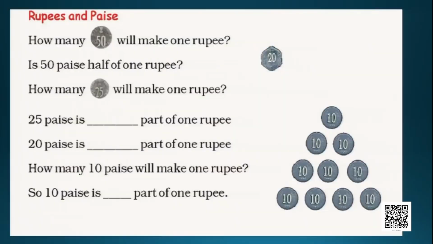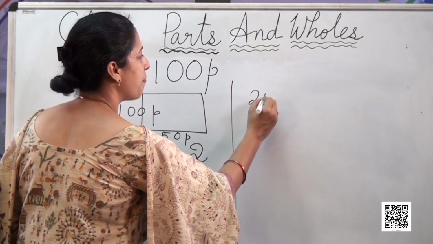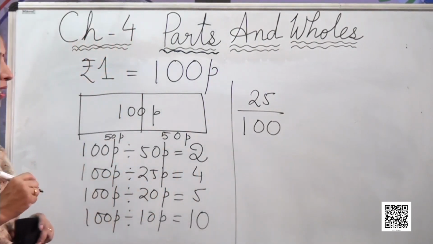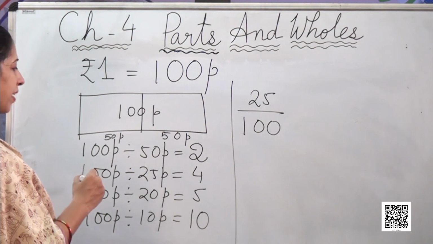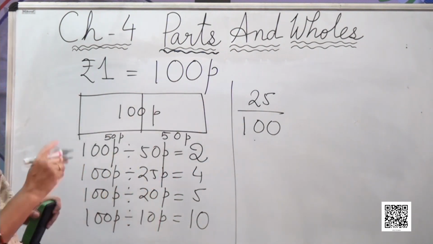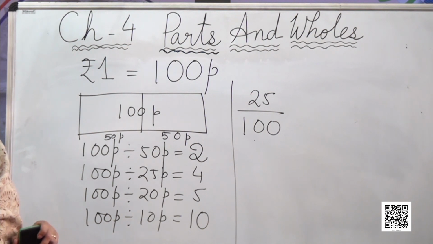So 25 paise out of 100. The question is, how much part is 25 paise of 1 rupee? So let's find out 25 paise out of 100 paise. That means we have to find out the part of 25 out of 100. Now 4 25 paise coins when joined together will make 1 rupee.